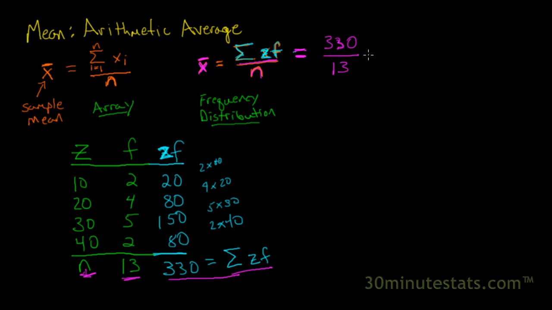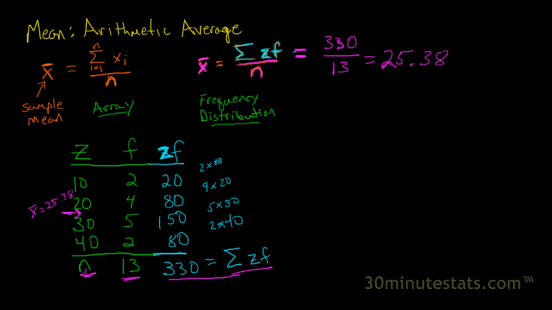So we'll get 330 divided by 13, and that'll give us an average of 25.38. So somewhere between 20 and 30, we've got a mean which is 25.38.